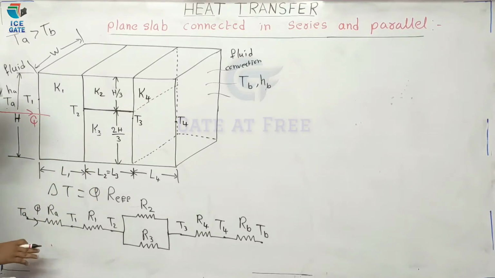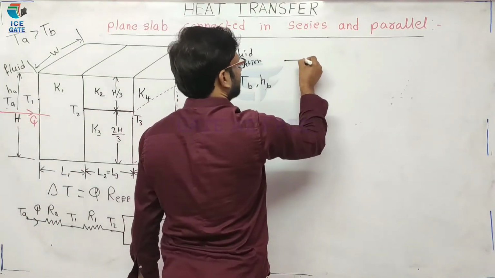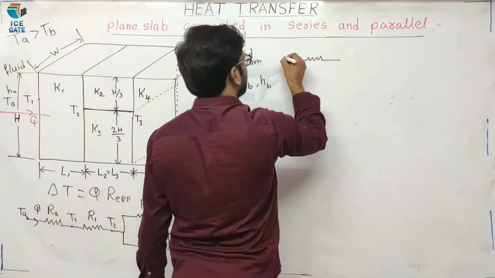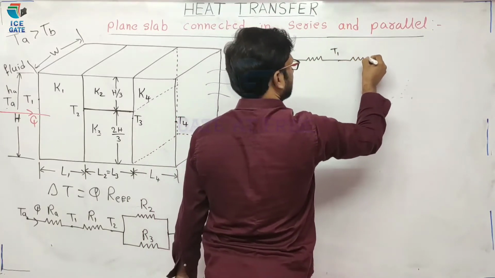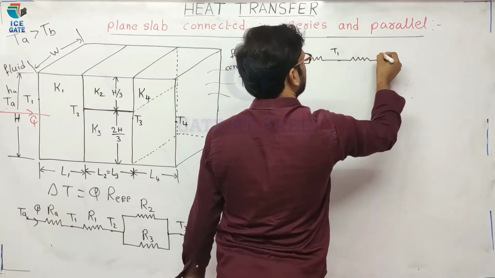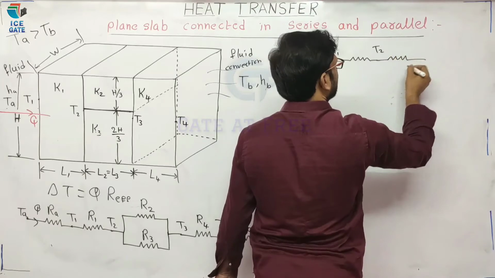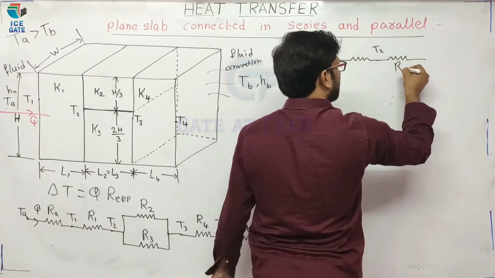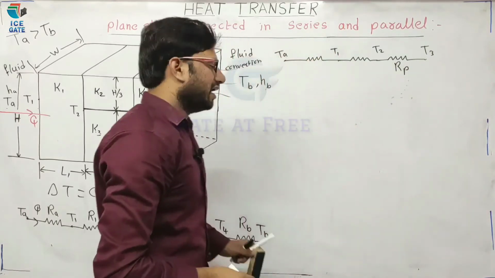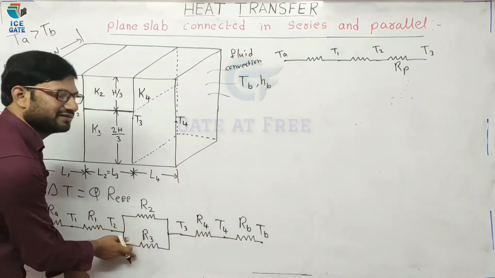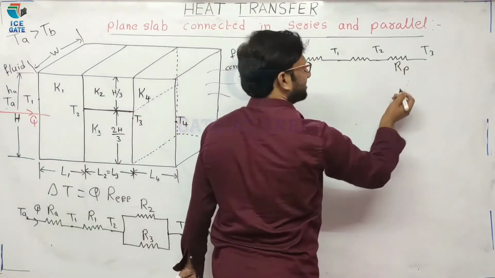Now modify this diagram. From TA to T1. Next T1 to T2. From T2 to T3, R2 and R3 are occurring in parallel. Okay. Now I am representing RP, that is parallel resistance.